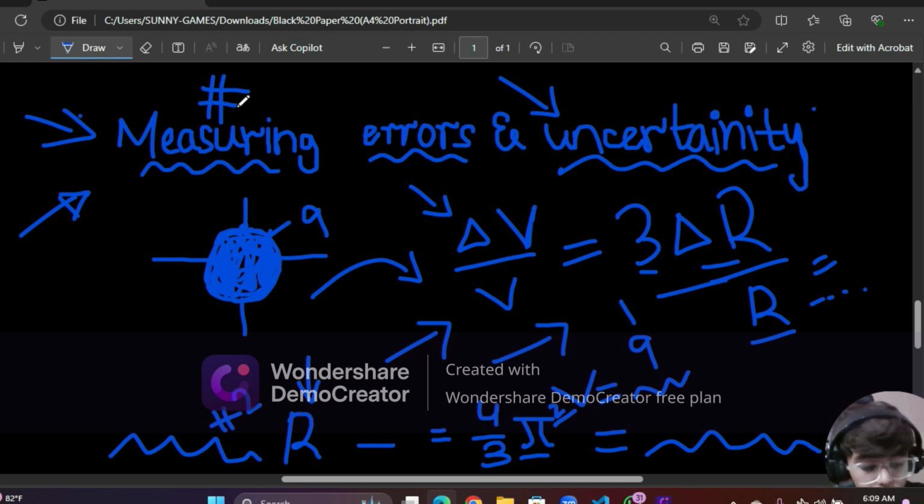Later, the step I told you was to find an absolute value. So if v is given as 3, and my delta r is a given value of 0.3, and r square is 9, that will give me a value that is my volume, and the volume will be my error of the equation.